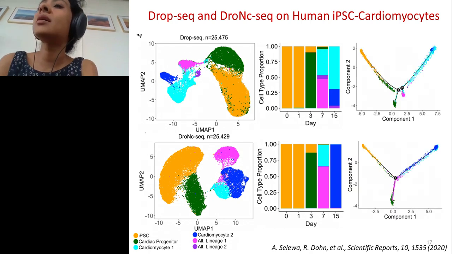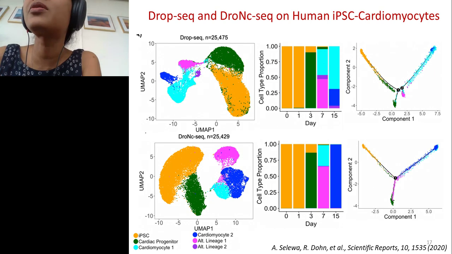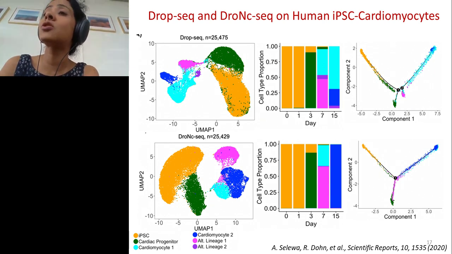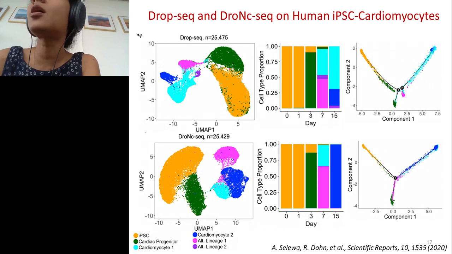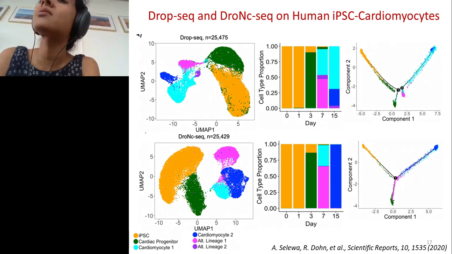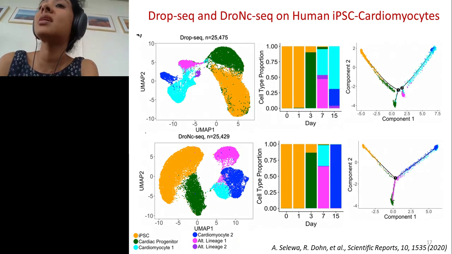And using, again, sophisticated bioinformatic techniques, looking at their expression, we can construct a trajectory in which the cells differentiate, and we can recreate the differentiation process into the major cardiomyocyte types that we see.